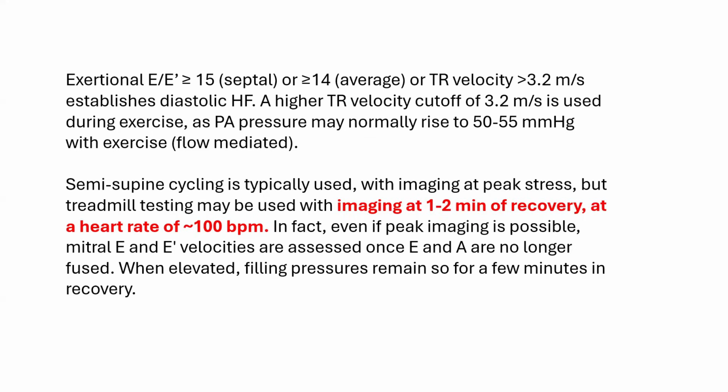We don't like to image the patient at peak stress anyway, because at peak stress, when the patient is very tachycardic, E and A are fused, and you cannot accurately measure E velocity to use it in the E to E prime ratio calculation. So we typically image at 1 to 2 minutes of recovery at a heart rate of around 100.